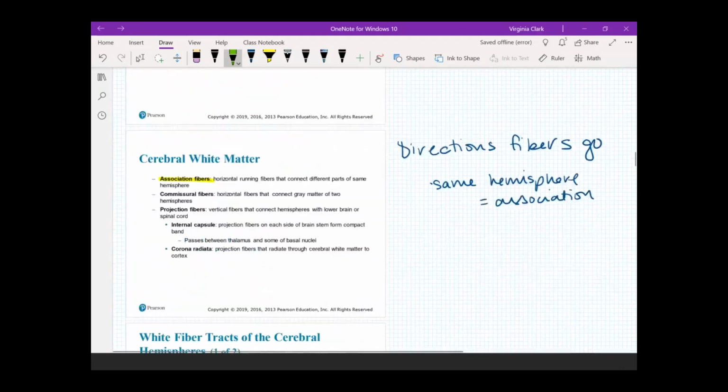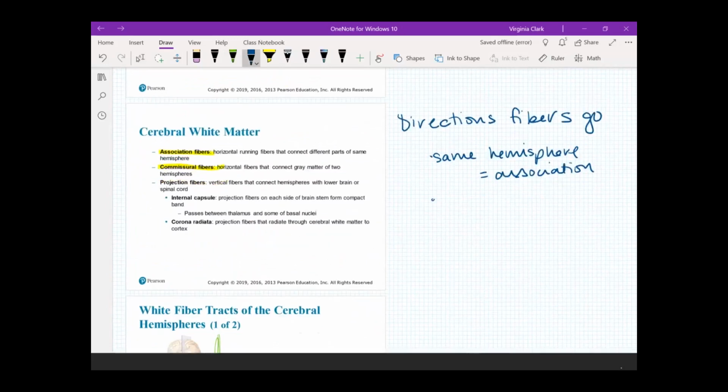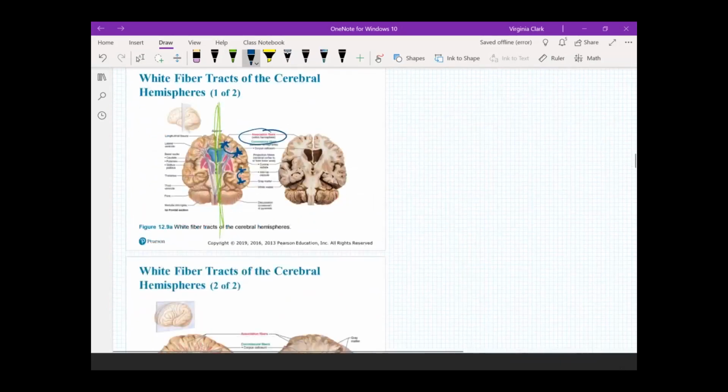The second one is going to be the commissural fibers, and these are going to be connecting the two hemispheres. So it's going to be going between the right and the left hemispheres. The big one here is going to be the corpus callosum, because that is running from the two sides.